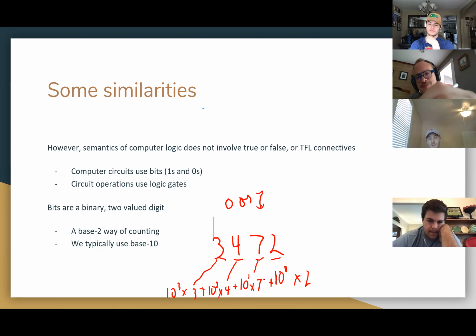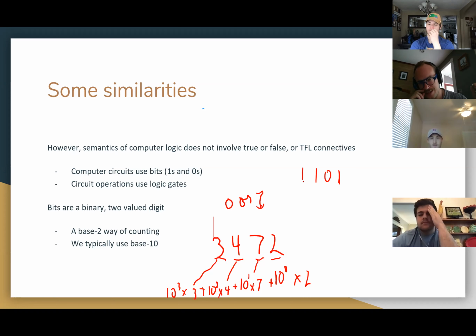This is how binary works as well, but the numbers look like this. A 4-digit number is like this, and this number is 13 in base 10.